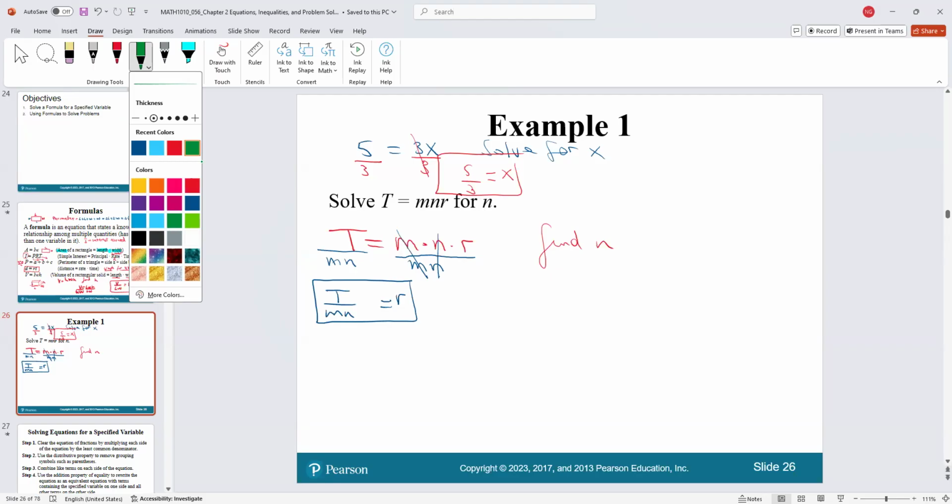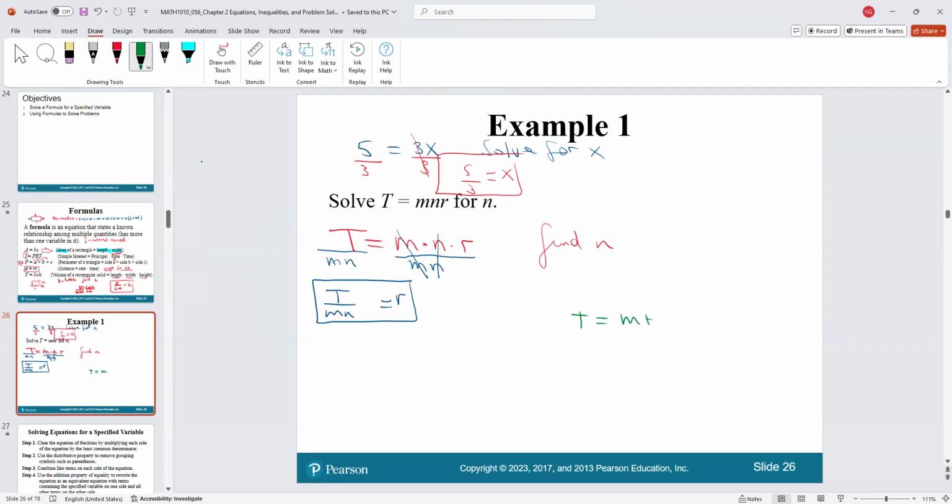But suppose you had T equal M plus N plus R, and they ask you to solve for R. You're not going to divide both sides. What you need to do is subtract M from both sides because that's addition.